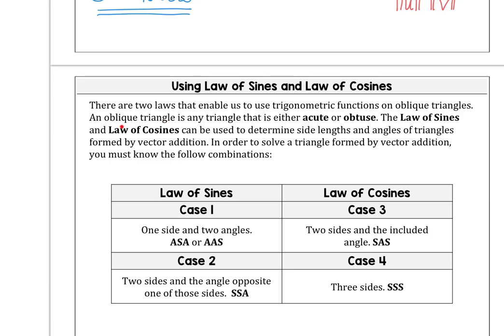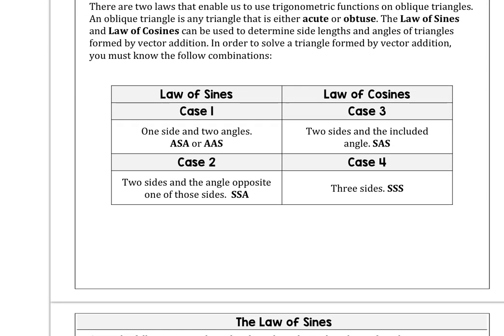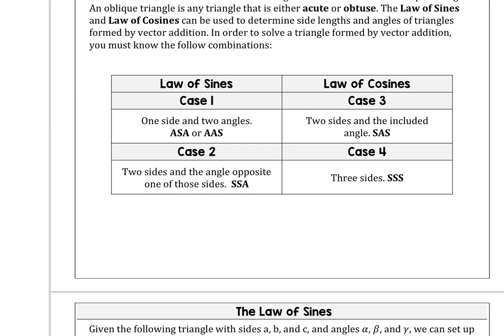An oblique triangle is like angle, side, angle, angle, angle, side, side, angle, side, side, side, side. But side, side, angle, that's called the ambiguous case. Let's make a note of that. This is the ambiguous case.